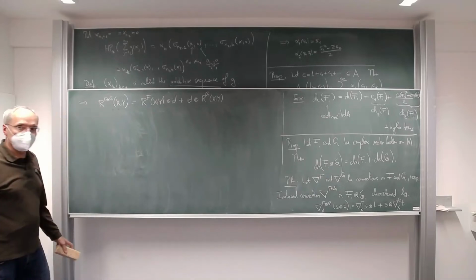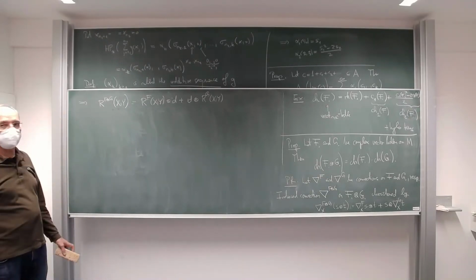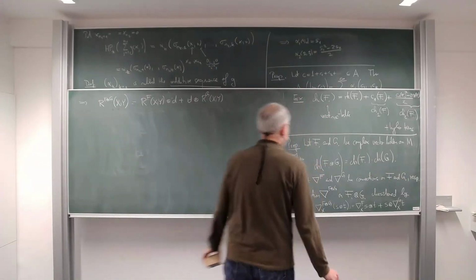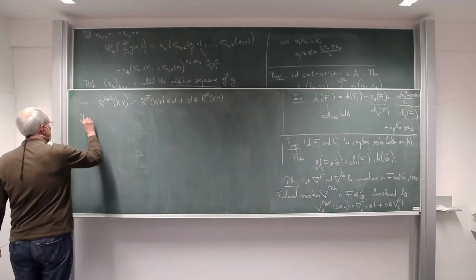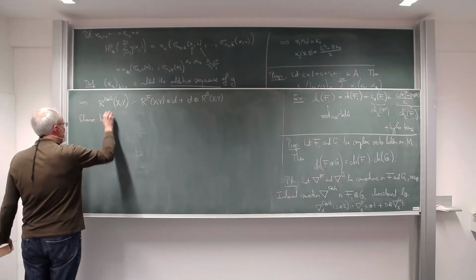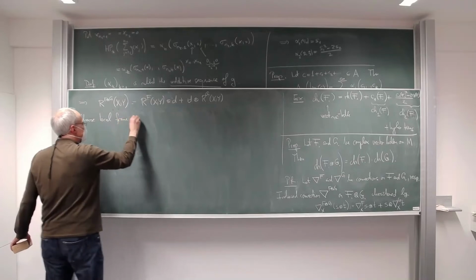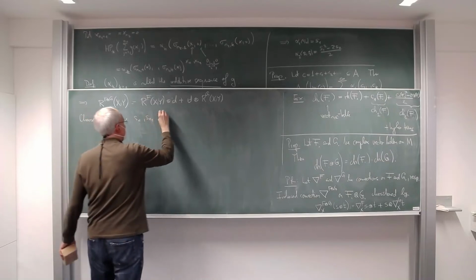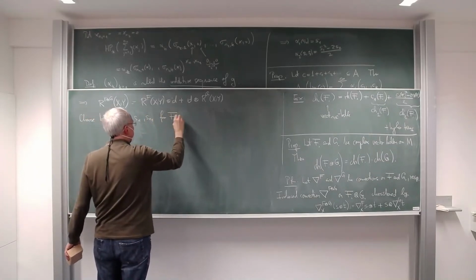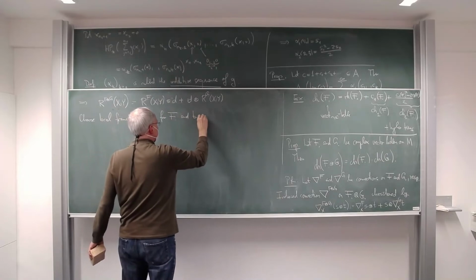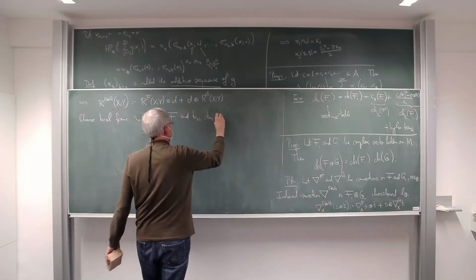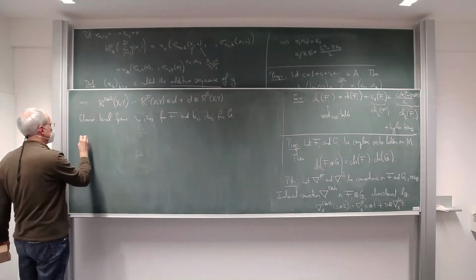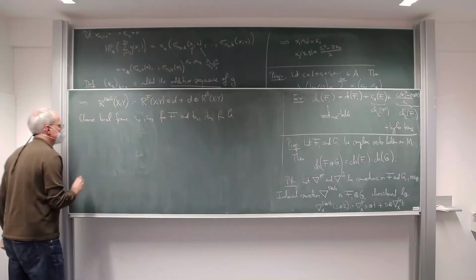So what does this mean for the curvature matrix if we choose a frame? Now the law of localization. So choose local frames S1 all the way up to Sn1 for F and T1 all the way up to Tn2 for G. Then we get a frame for the tensor product bundle by just taking tensor products of these things.